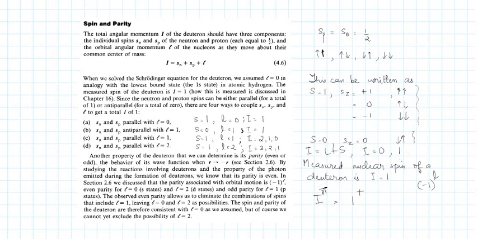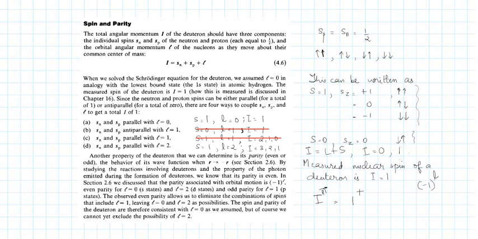So if this has to be a positive quantity, L has to be even. So we can actually rule out the possibilities where L is equal to 1. Okay. So these two possibilities are ruled out.